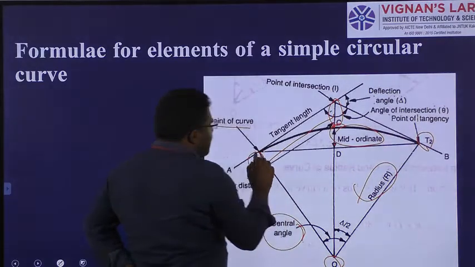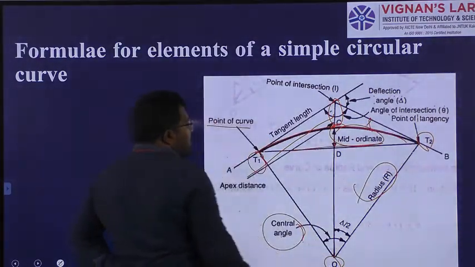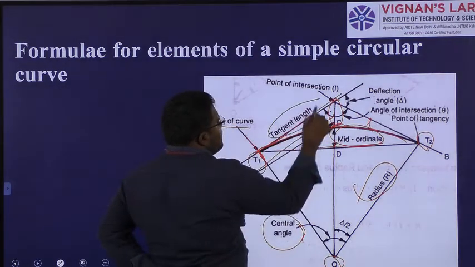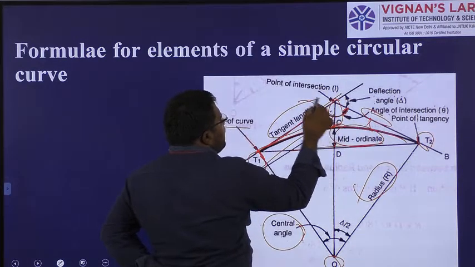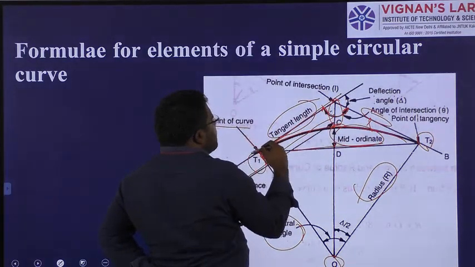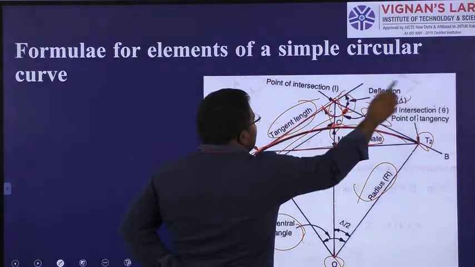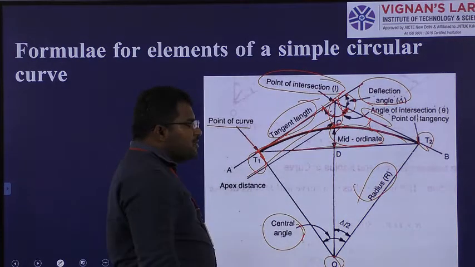The length of this curve is called L, and this is the chord length. From this point to this point is the tangent length, and this is also tangent length. The inner angle at this point between the tangents is called the angle of intersection. The exterior angle is called the deflection angle. The point is called the point of intersection. Okay, so these are the elements.